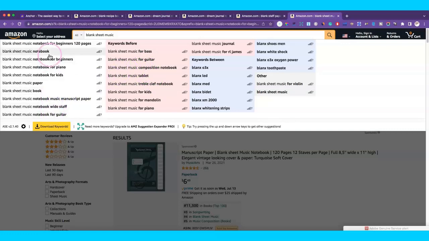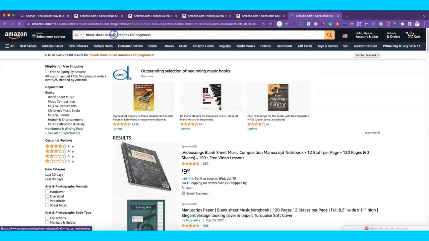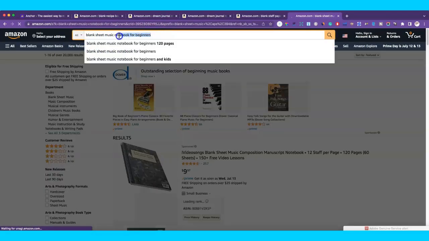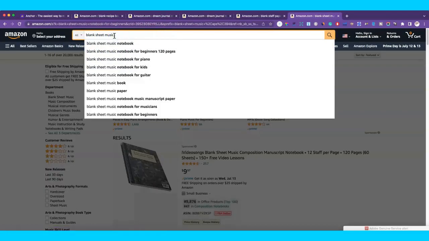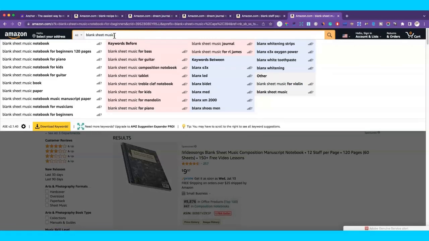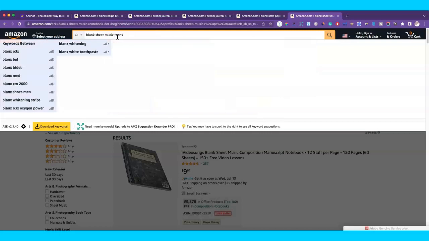For guitars, I'll try two more and then I'll move on because I don't want this to be too long. But you're saying the descriptions or the titles that I would not use. Blank sheet music. What if I said for teens? For teenagers? Or for tweens?